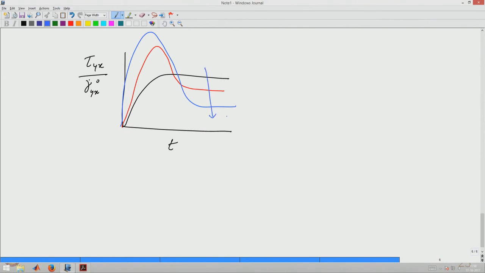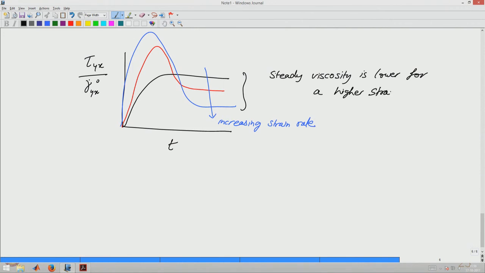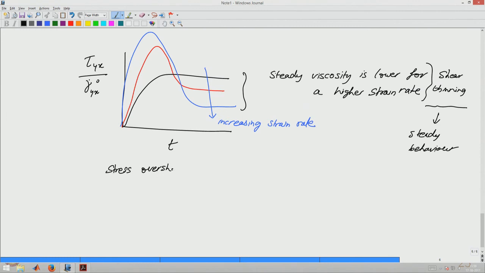And in fact, this is again increasing strain rate, and the steady viscosity is lower for a higher strain rate in the example that I have drawn here. So, therefore, what is being drawn here is for a shear thinning material, but the shear thinning is described based on only the steady behavior. However, the stress overshoot describes the unsteady or transient behavior.